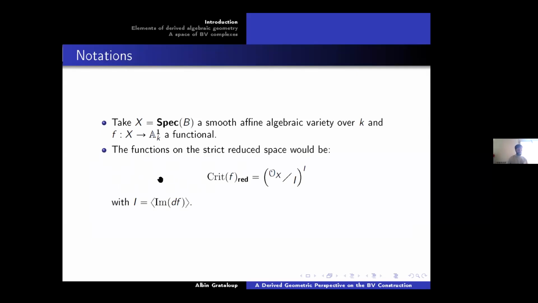The reduced space that we want to model algebraically can be described as this space of invariants in the quotient. The quotient would be the critical locus, and taking invariants is kind of a quotient by symmetries, where I is the ideal generated by the partial derivatives of F.